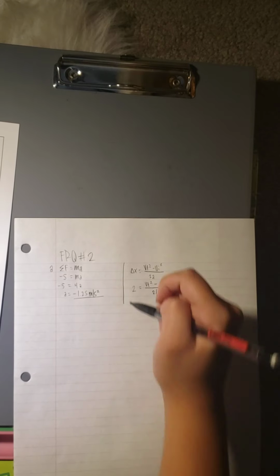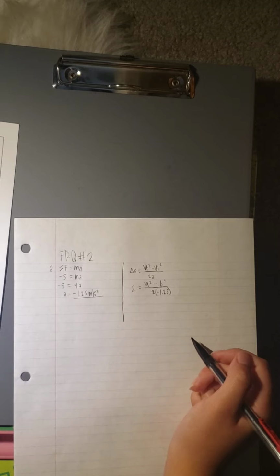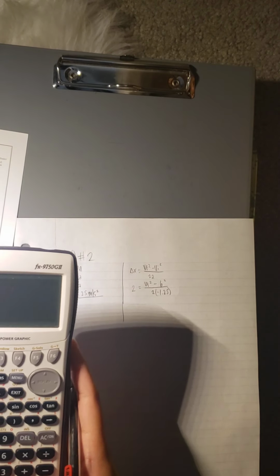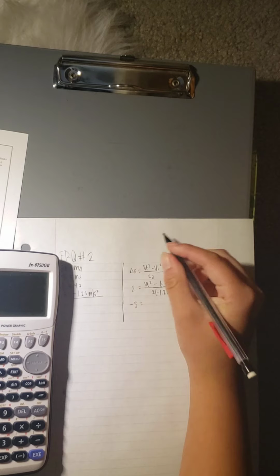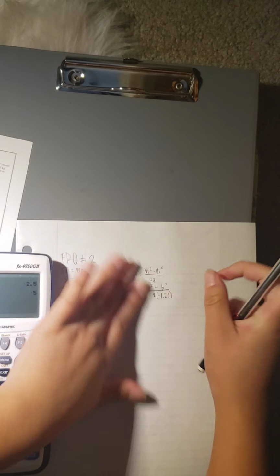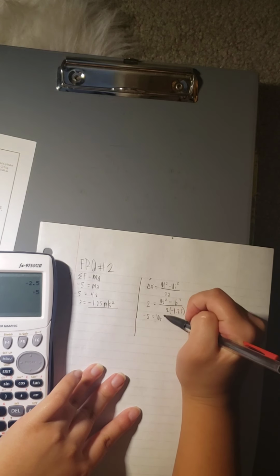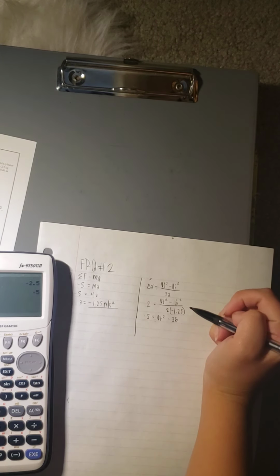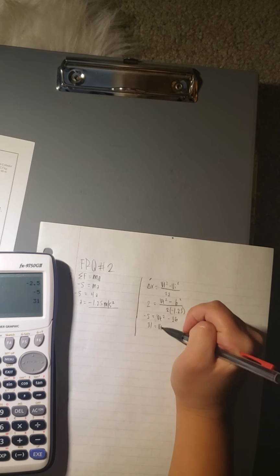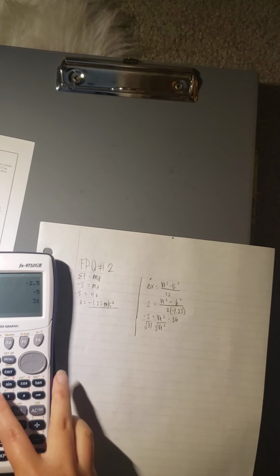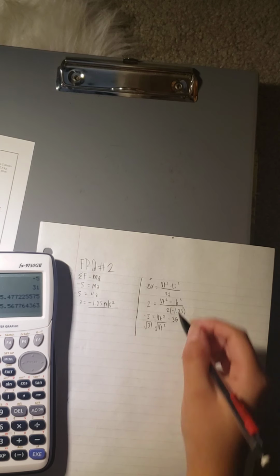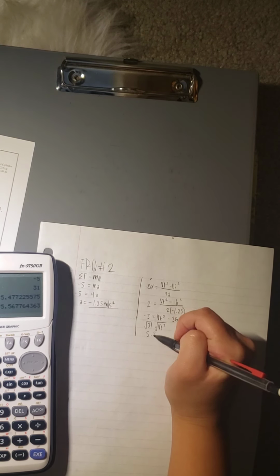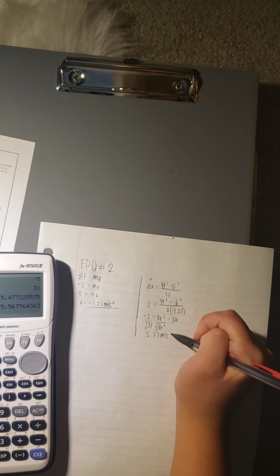Now we'll go ahead and solve for VF. So VF is about 5.57 meters per second.